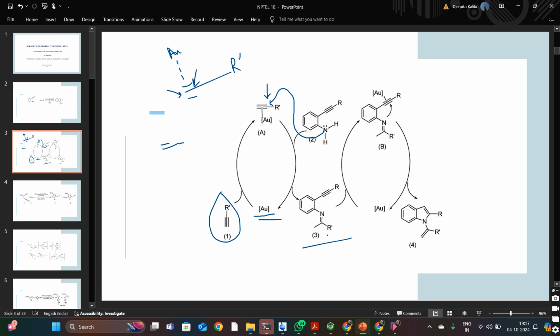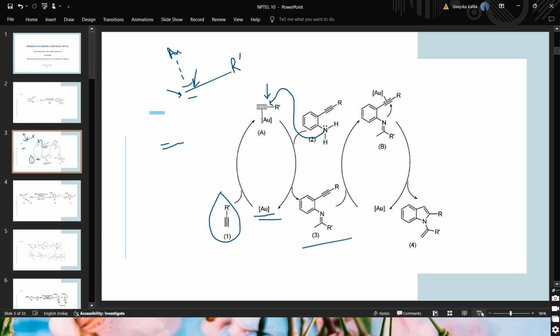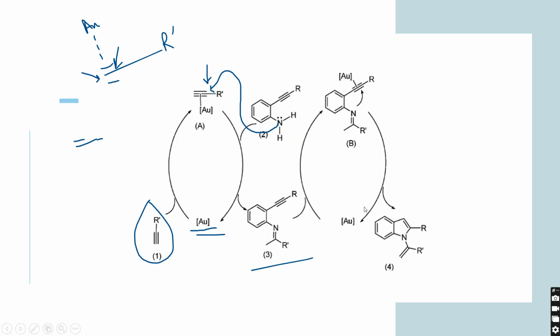So after the formation of this imine, now the second step will happen, which is cyclization step. And in the cyclization step, you will see that again we have another molecule of alkyne. Now this alkyne will get activated by gold. Okay, like here you see this alkyne is now going to be activated by gold.